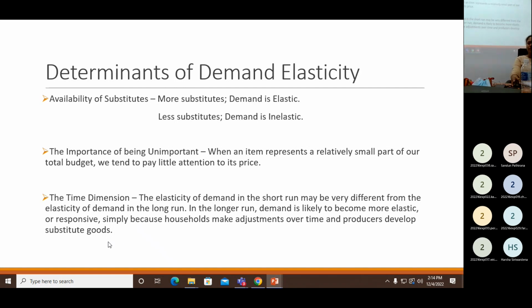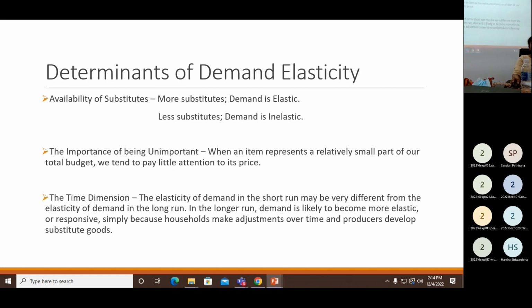Can you read this paragraph again and see whether you understand it? What does it mean?